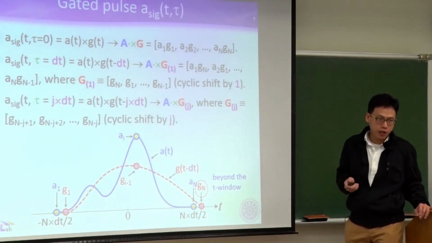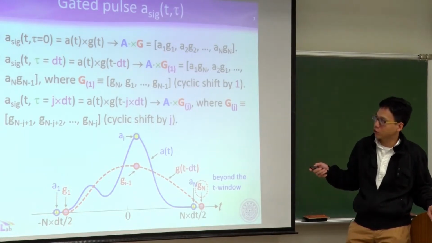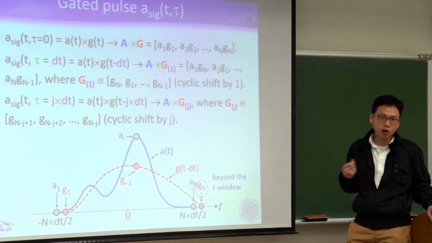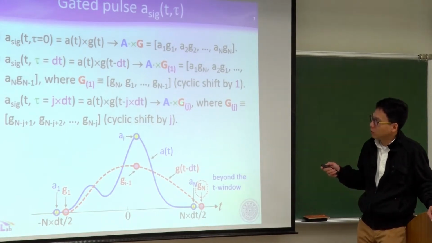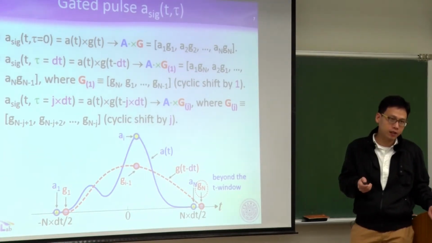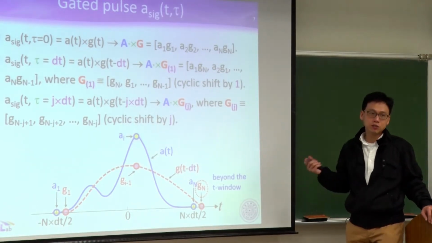And if that is okay, then you can generalize the idea to arbitrary delay. Say it's J times dt, J units of step size. Numerically, it can be represented by the vector A dot cross G sub J, the cyclic shift of the G vector by J units.